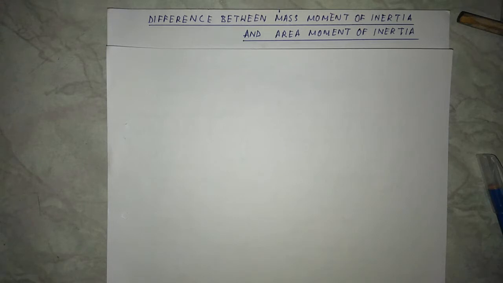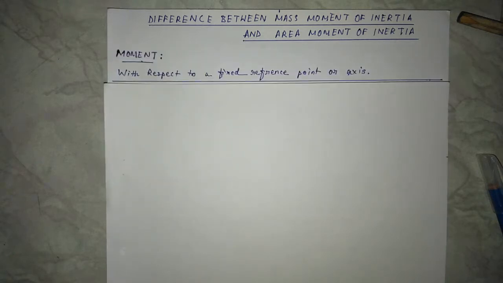First of all, when we talk about moment, what is a moment? Many Mac guys get confused that it might be some kind of romantic moment. It's not like that. Moment is something with respect to a fixed reference point or a reference axis.